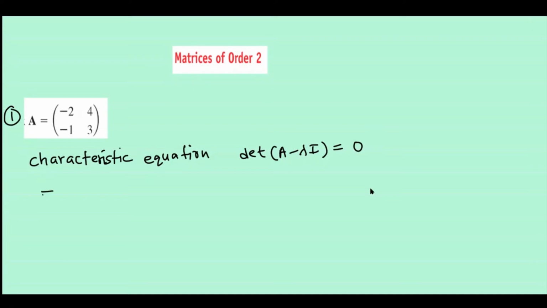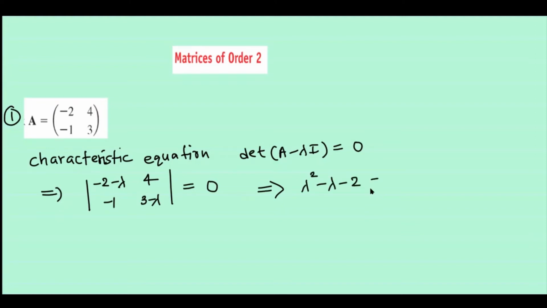So this implies determinant of minus 2 minus lambda, 4, minus 1, 3 minus lambda equal to 0. So when you expand this, we will get lambda square minus lambda minus 2 equal to 0. So this is the characteristic equation.